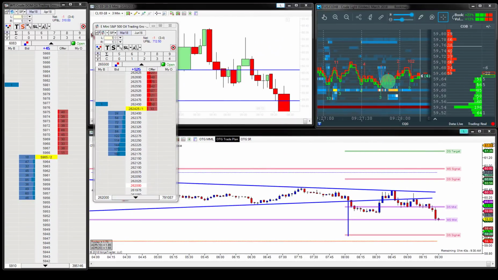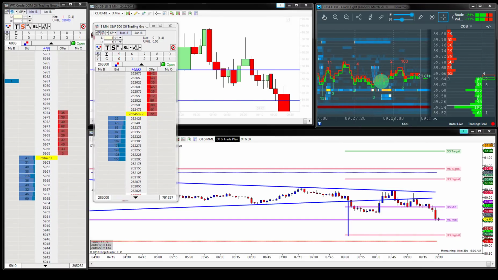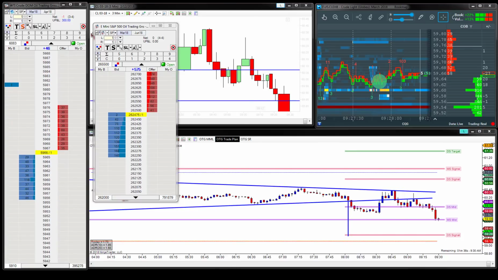Actually, the market structure signal is 27. Okay, I'm out at 14 points on the ES. Got 14 points on that ES move.